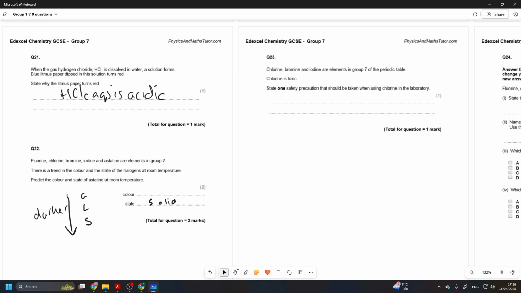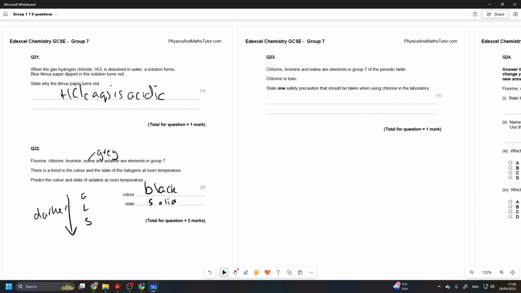So as you go down, astatine, below iodine, it's got to be a solid, right? You then need a darker colour. Remembering that iodine is grey, you then need a darker colour than grey. So I would go with black. That's a darker colour than grey. Or really dark grey, just say black. Okay, black is a good one.